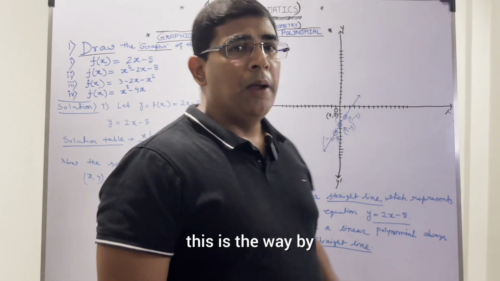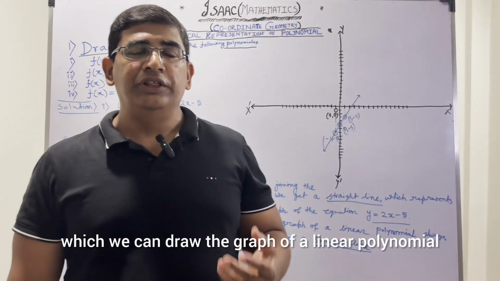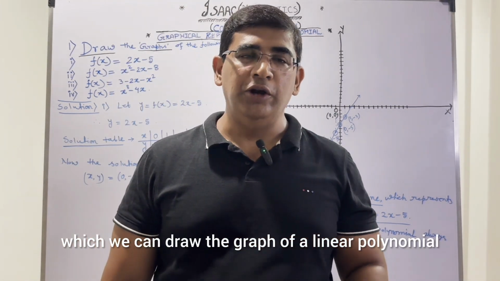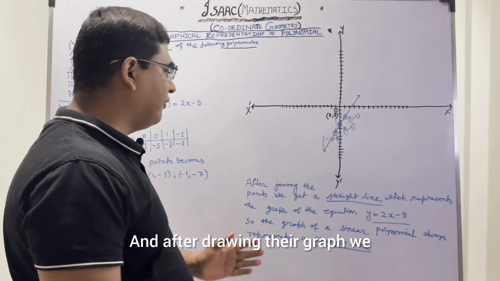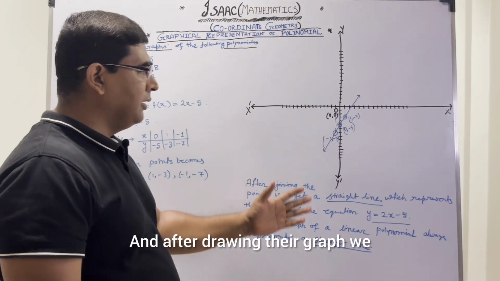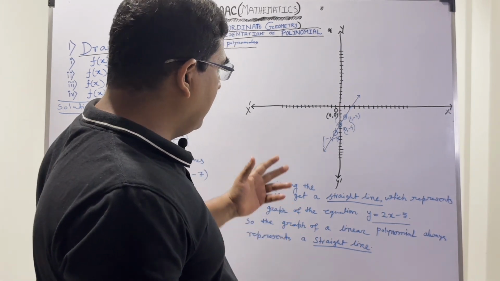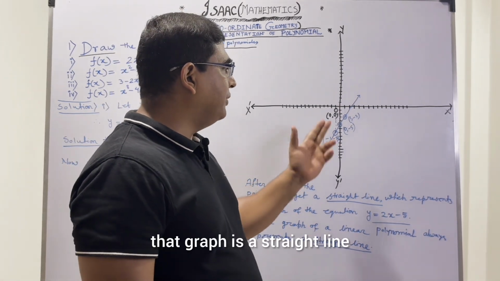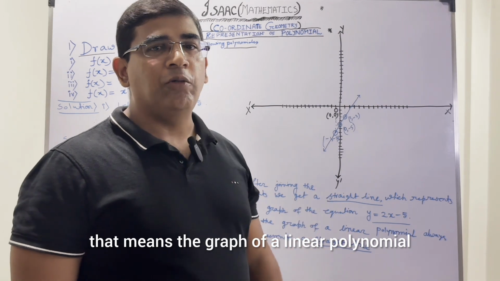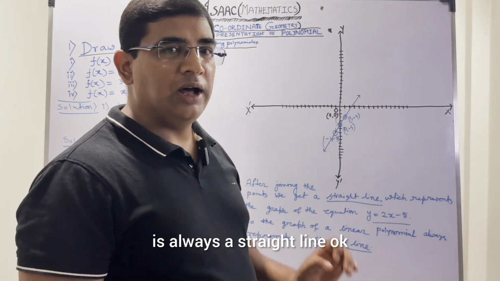This is the way by which we can draw the graph of a linear polynomial. After drawing the graph, we observe that the graph is a straight line. That means the graph of a linear polynomial is always a straight line.